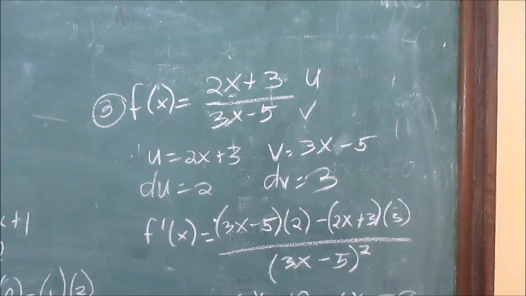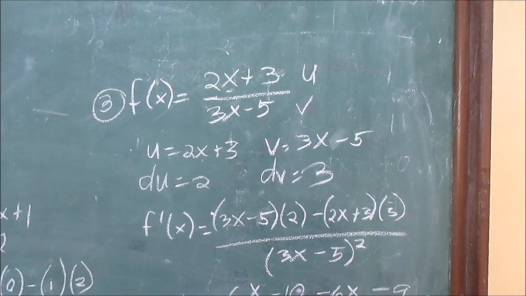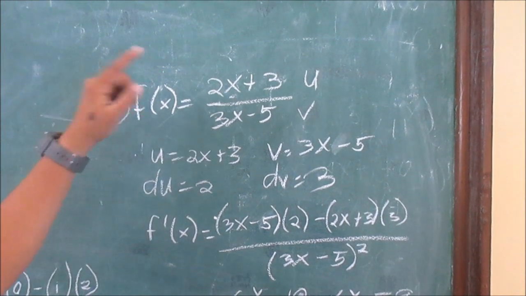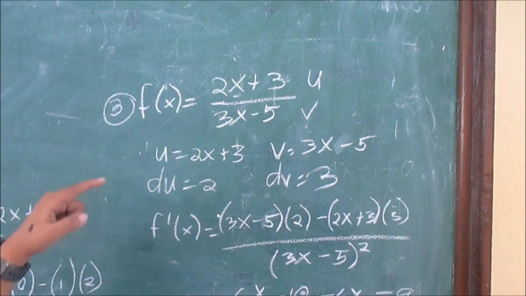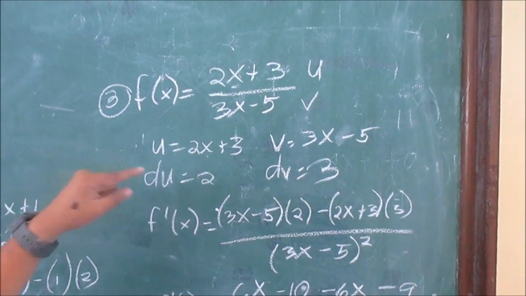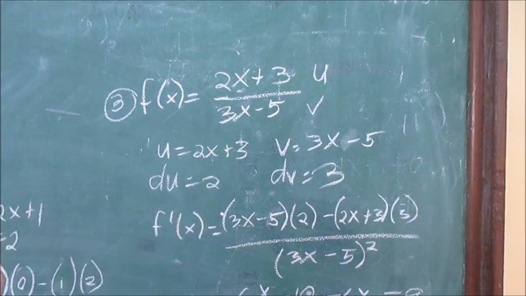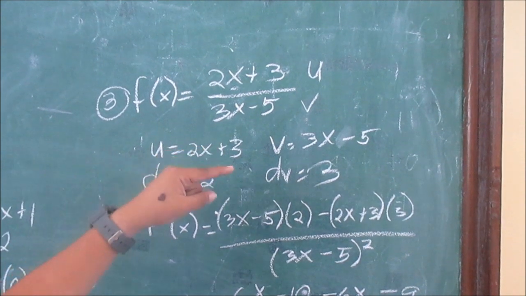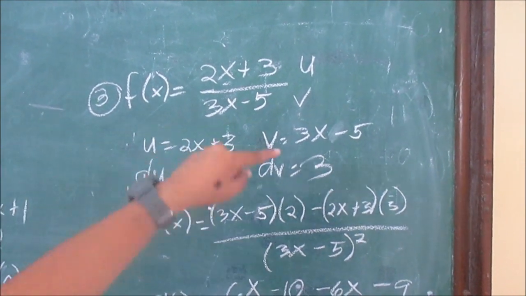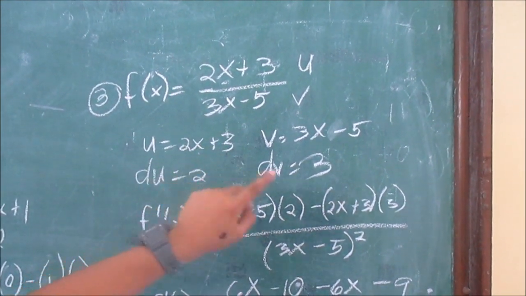minus 1. Like what I've said earlier, we must get the derivative of u and v. So u is equals to 2x plus 3 and its derivative is 2. And the v is equals to 3x minus 5 and its derivative is 3.